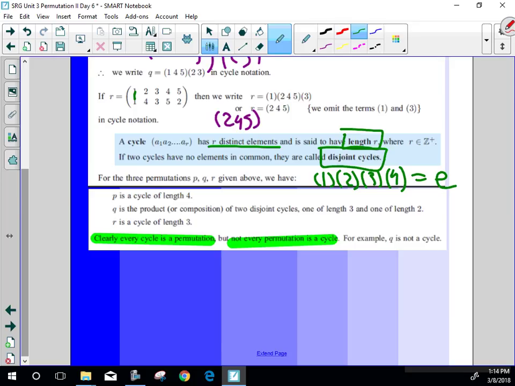What would it look like as a permutation? Well, it's the one you're familiar with. So that's really the connection here. This is the permutation, this is the cycle. So you could have R elements and R cycles, all disjoint, and then they'd be E. Every cycle is a permutation, but not every permutation is a cycle, like this one.